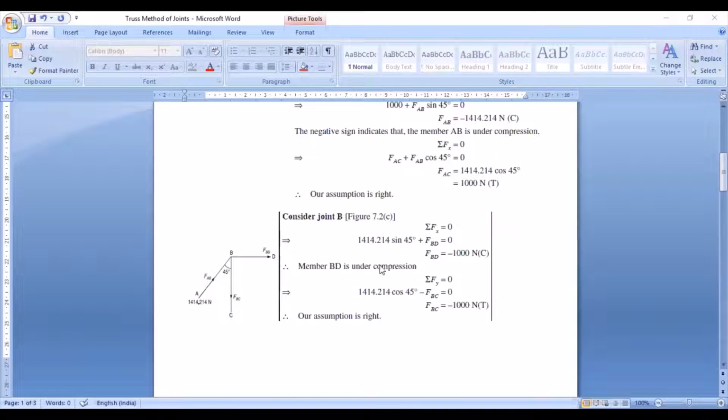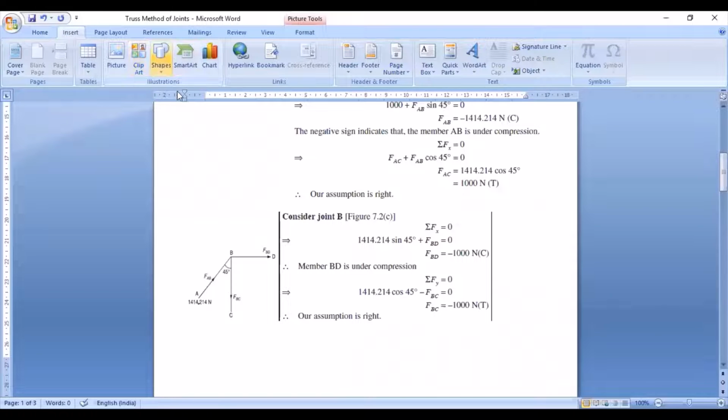Let us take horizontal forces now, that is sigma Fx. We have two horizontal forces. One is the horizontal force FBD, which is to the right, and the other one is the horizontal component of FAB. Your horizontal component of FAB will be rightwards, like this.